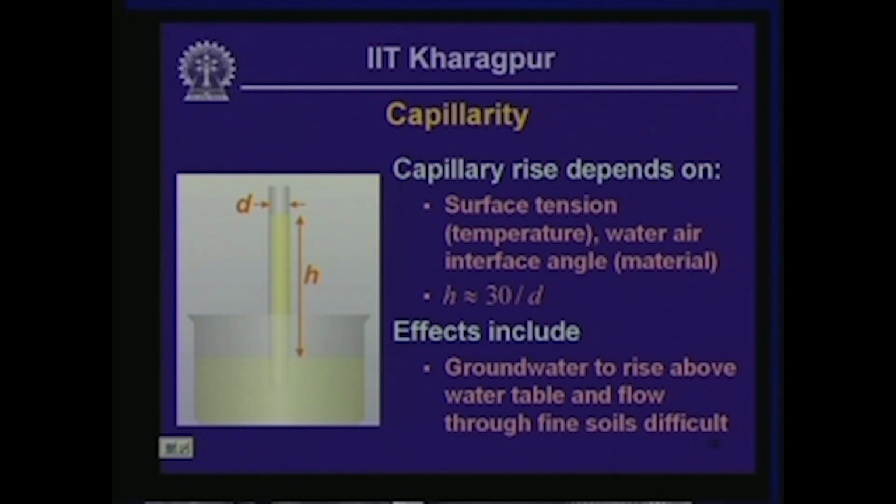So capillary rise then depends on the surface tension, and because the surface tension of water depends on temperature, the amount of capillary rise will also depend on temperature, and it depends on the water-air interface angle, and this is a material specific value. Typically though, you can say that the height of capillary rise is approximately equal to 30 divided by the diameter of the tube through which the capillary rise is taking place.